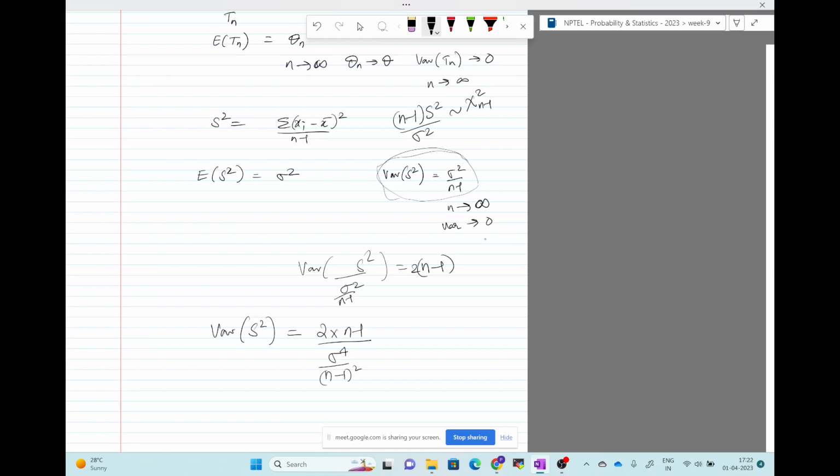Sorry, I think it has to be the reverse, like into sigma power 4 by n minus 1 square.